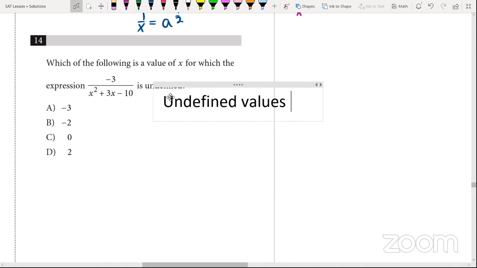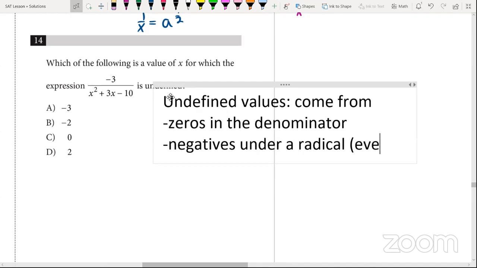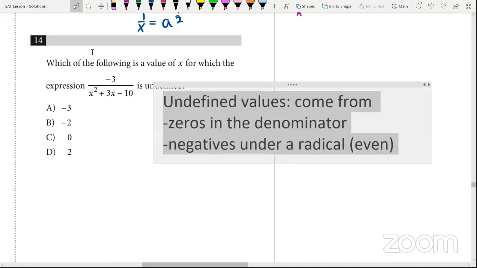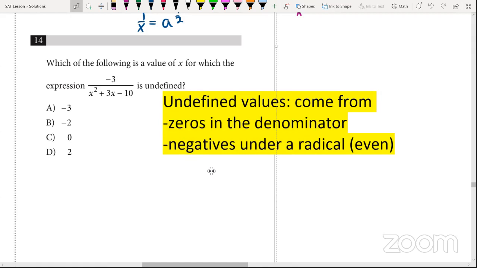And undefined values come from zeros in the denominator or negatives under a radical, but what I want to say is an even radical, because I am allowed to have a negative number under a cube root, because the cube root of negative 125 is actually negative 5, and there's nothing wrong with that. But it's an even radical. Like I can't have a negative number under a square root or a fourth root or a sixth root.